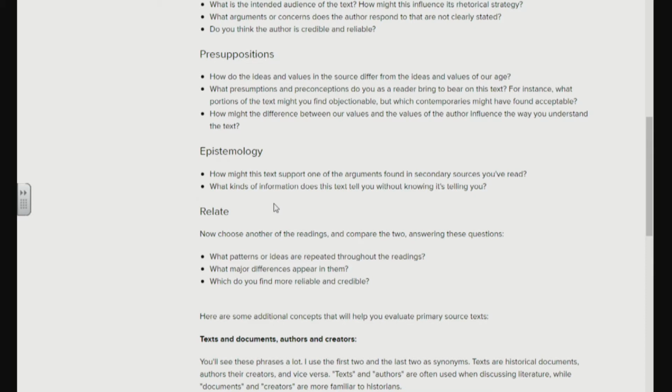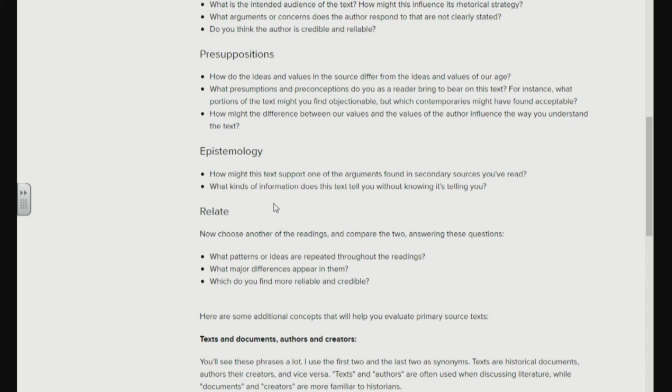That is to say, what about this text is related to the textbook that you've read, or an argument in one of the secondary articles that I've asked you to read. So this text may support something that you've read that makes assertions about history in other places. And if it does, then that suggests that it is within a body of other texts that makes sense. If it doesn't, that doesn't necessarily mean it's a false text, but it means it's worth looking into.